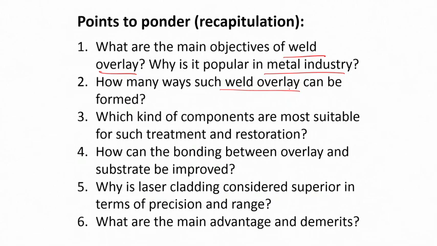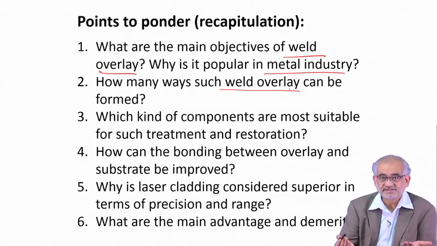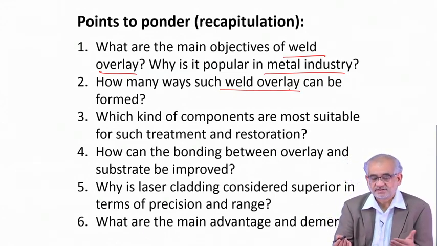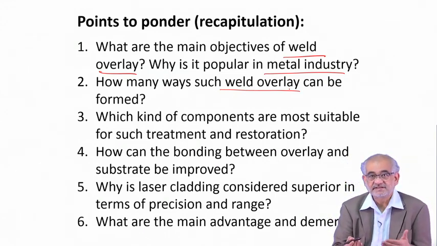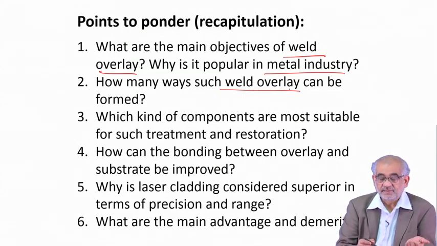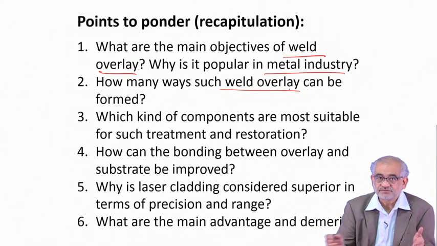Various kinds of components can be treated, from a tube to a nozzle to even a flat region or a disc or some bearing races or inside a large tube and so on. We can also cover a much wider surface area.